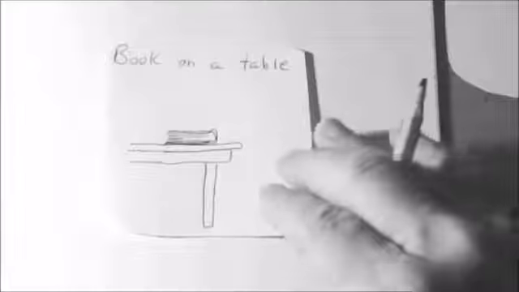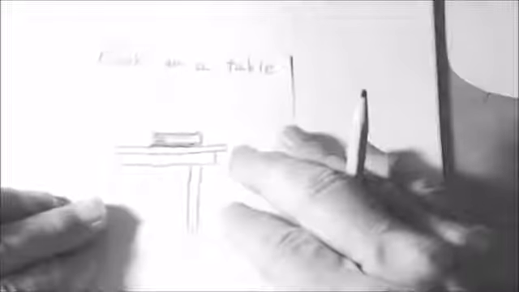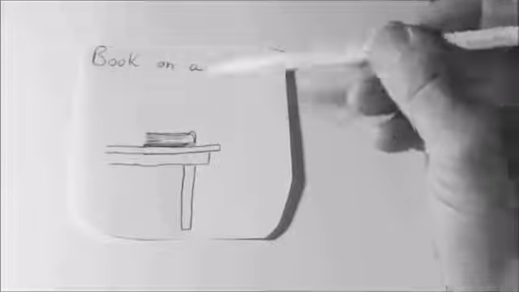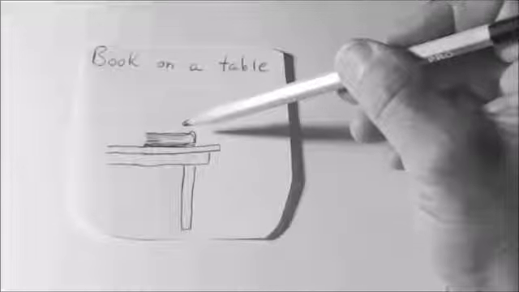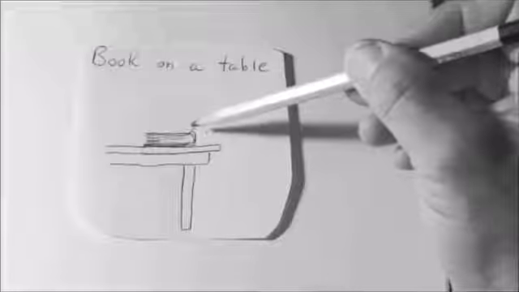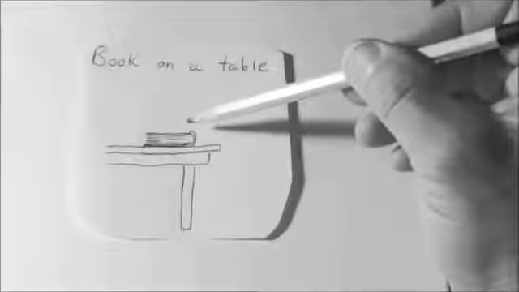One of the things that we've talked about already, when I was trying to explain what a force is, was that if you tried to make this book move, you had to either push or pull it, right? So a force is a push or a pull, all right?